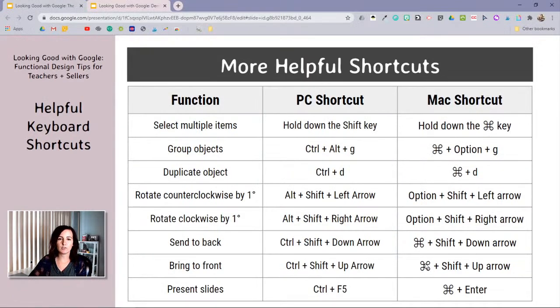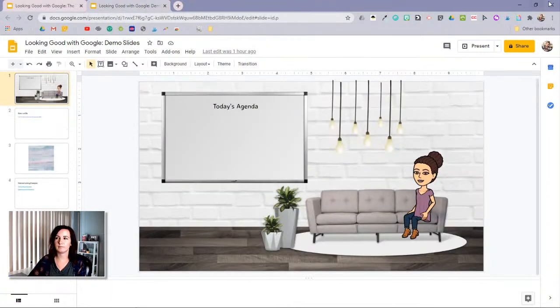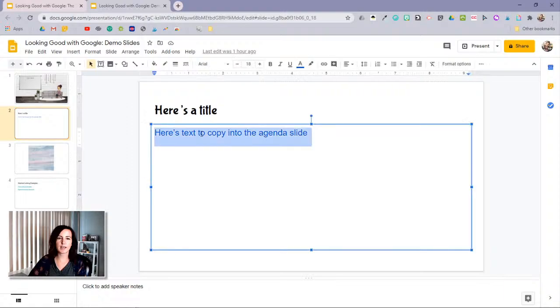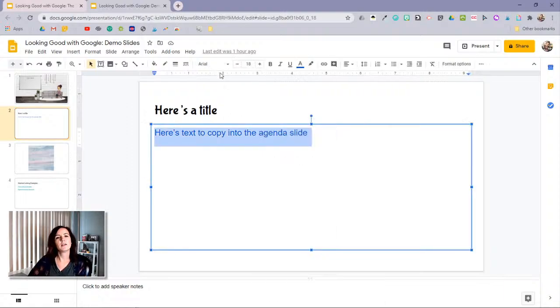So I'm going to come back over here to do some demoing. So the first one is Control-Shift-V, and that is going to paste text without the original source formatting. Basically what that means is, let's say I want to copy this text into the agenda slide. So I'm going to copy that. This is Arial 18 font and it's blue.